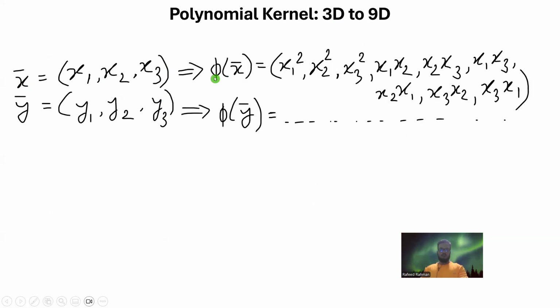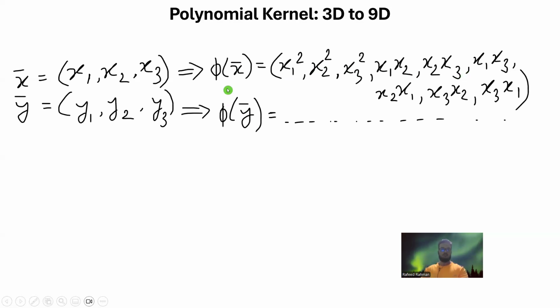And we have defined this transformation function phi, which takes each of these samples to 9 dimensions. So you can read in these dimensions. These are x1 square, x2 square, x3 square, x1 x2, x2 x3, and so on and so forth. And y is similar, as you can understand: y1 square, y2 square, y3 square, y1 y2, y2 y3, and so on and so forth. So you get the idea, right?